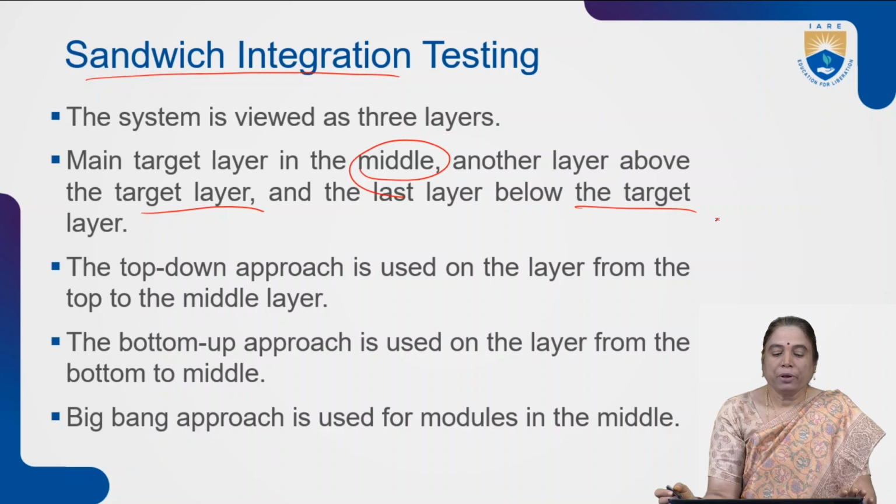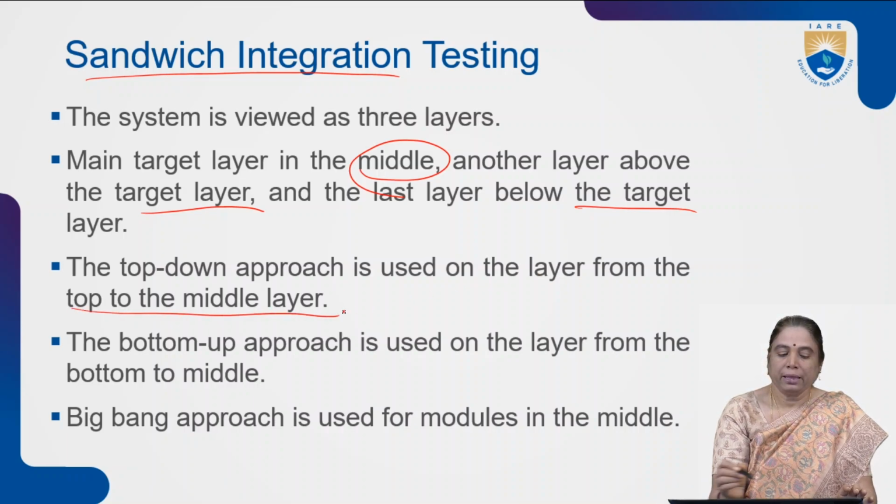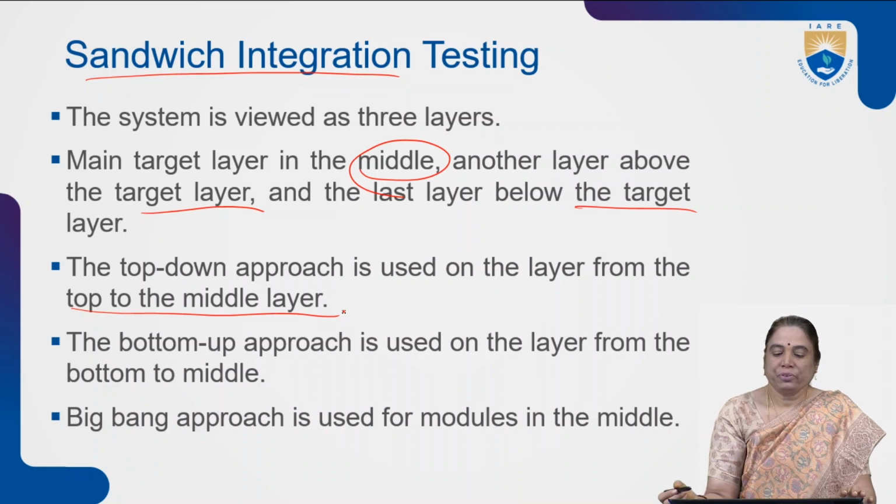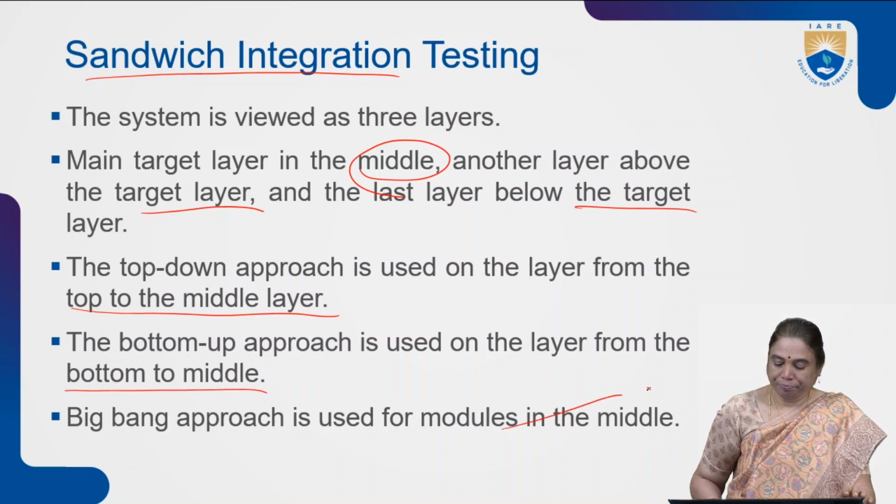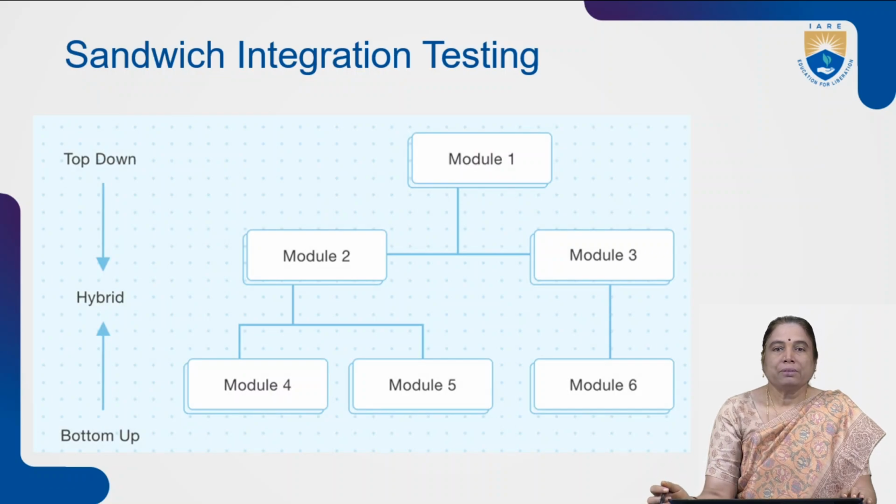The top-down approach is used from the top layer to the middle layer, and the bottom-up approach is used from the bottom layer to the middle. The Big Bang approach is useful for modules in the middle. So this is the example of sandwich integration.